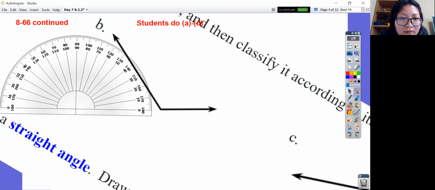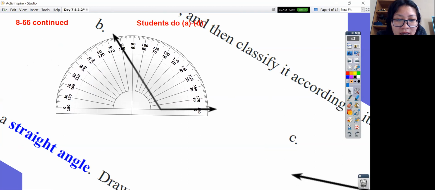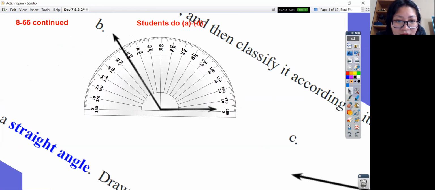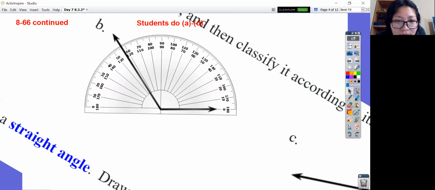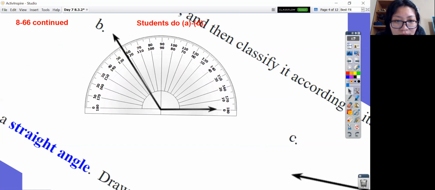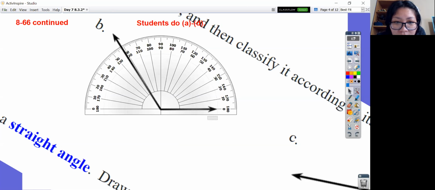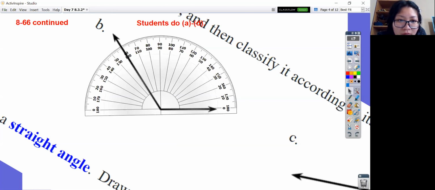The center of rotation matches the vertex. So these are matching, yes. And the 0 degrees, 180 degrees straight line has to match one of the rays. So I'm going to match one of the rays.